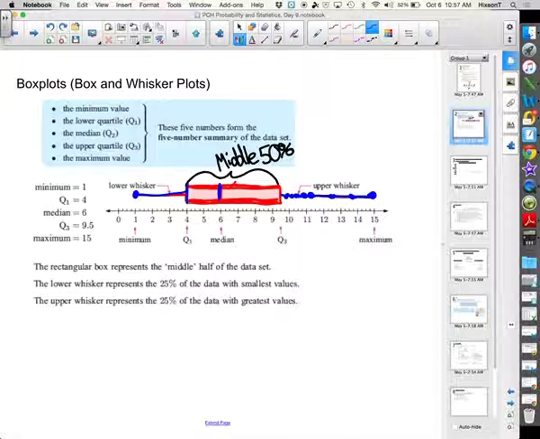Okay? So when you see something like this, it could actually bring up more questions about the data, and that's where we can do some further analysis. Okay? Now, let's actually practice constructing one, and we'll get even more into the analysis later on here.